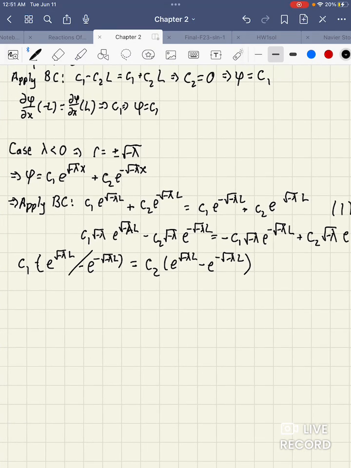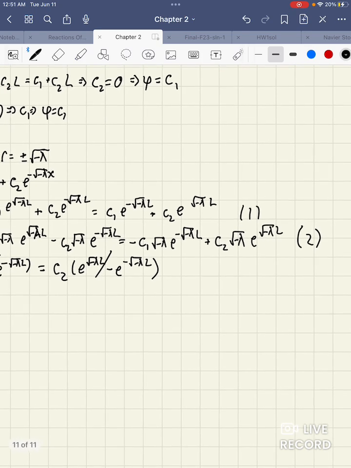So now these two cancel each other, and I get c1 is equal to c2.